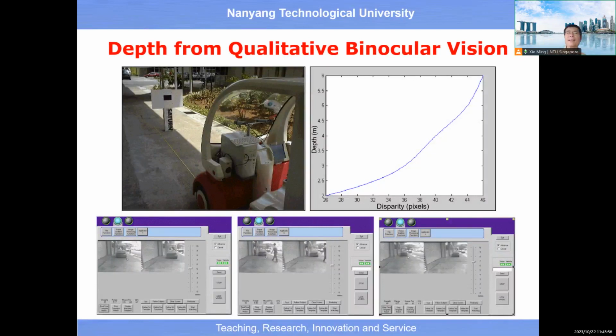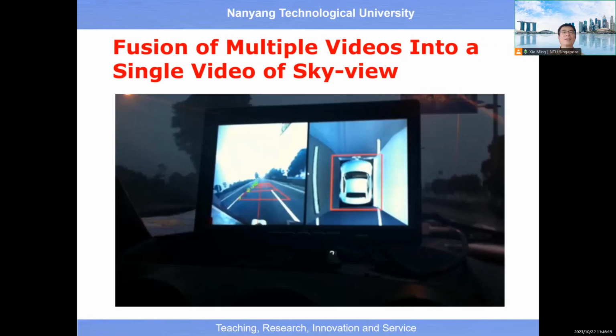So if you have an interest in visual perception, you must remember this slide and the possibility of determining depth information in a qualitative way. This is also one of our patented technologies.